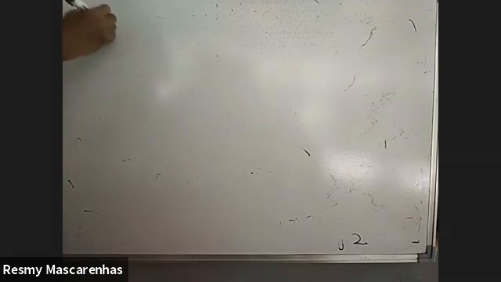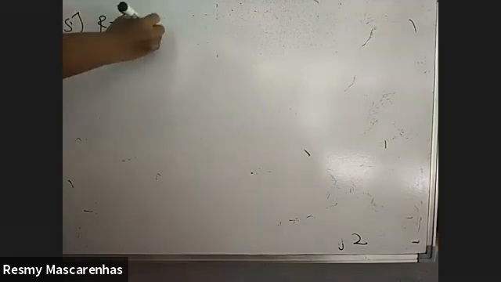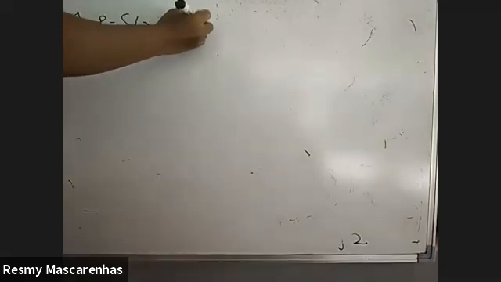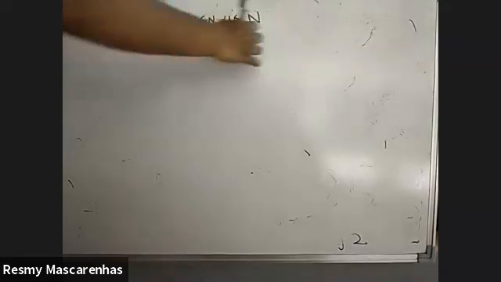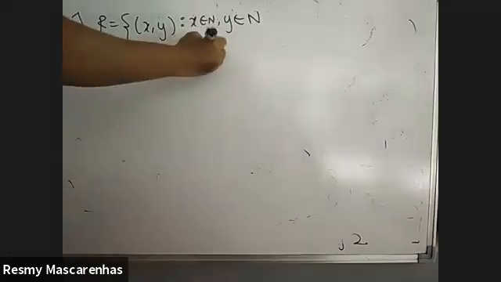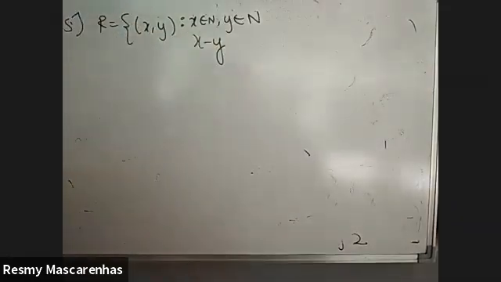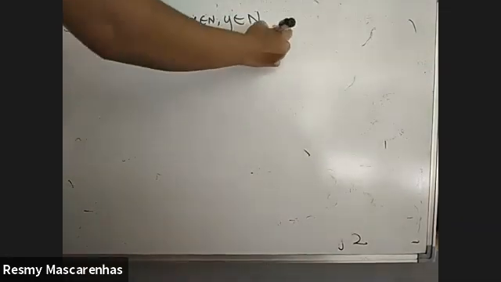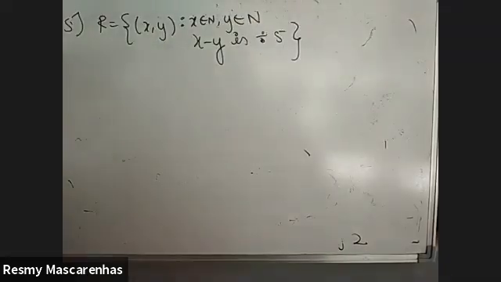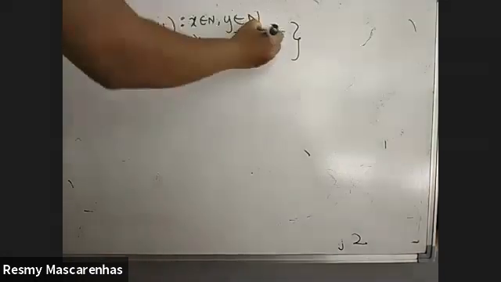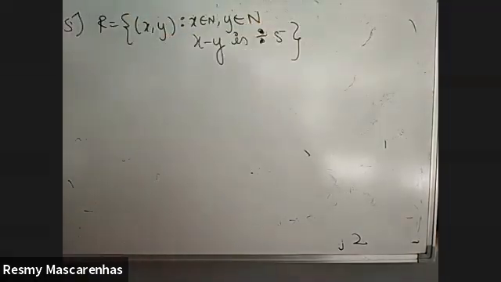So the fifth one is this, you don't have to worry, y belonging to N. So the main condition is what? You have to check whether x minus y is divisible by 5.